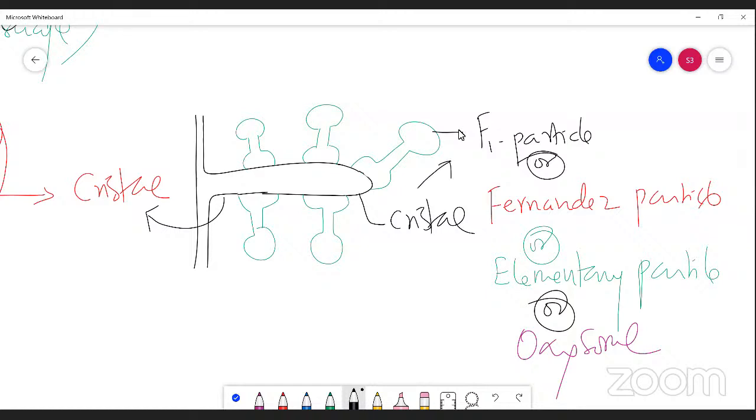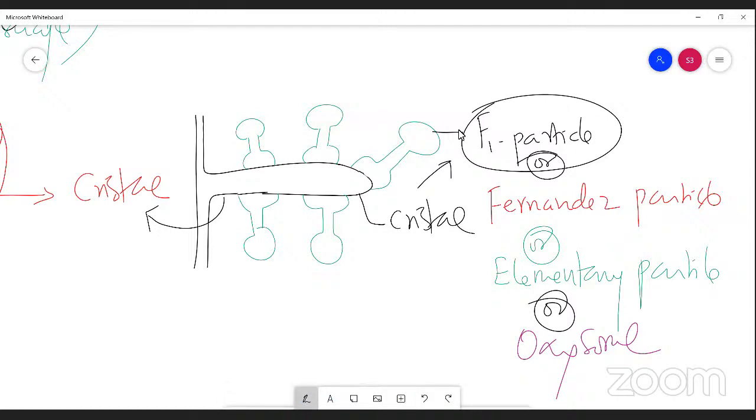Now this F1 particle is a place where respiration takes place. I mean, the breaking down of glucose molecule into pyruvic acid and carbon dioxide. Not only that, all the respiratory enzymes are also present in the F1 particle, right?